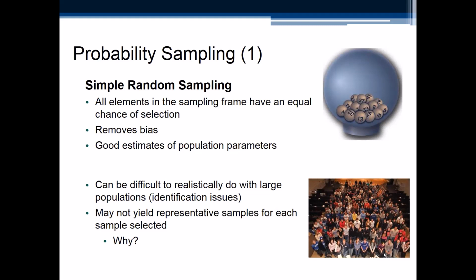It removes researcher bias, and if we draw a large enough sample, it's likely going to give us a fairly representative sample. If our sample is too small, however, then there's a good chance that despite using simple random sampling, our sample won't be representative.